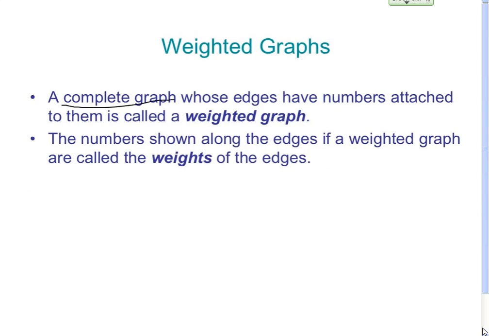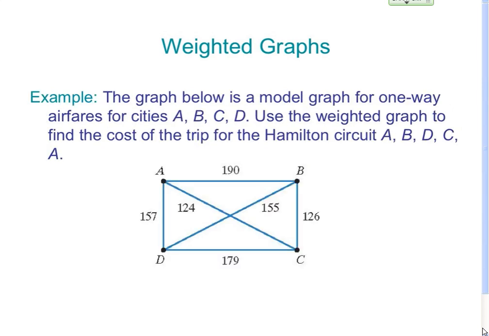If you have a complete graph and the edges have numbers attached, this is called a weighted graph. The numbers shown along the edges, those are called the weights. This is an example of a weighted graph. Notice I look at the edge between A and B. It has a number, 190.